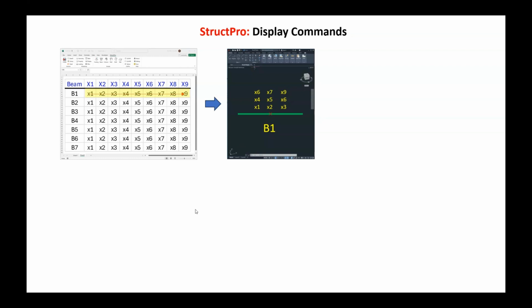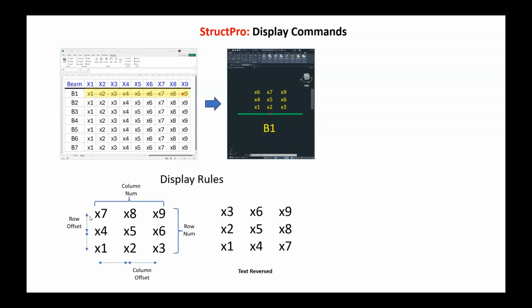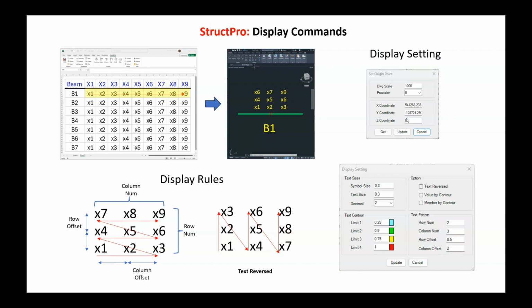The row data in the table is converted into a matrix format in AutoCAD, with predefined columns and rows. There is a setting option that allows users to customize the data presentation format to suit their preferences.